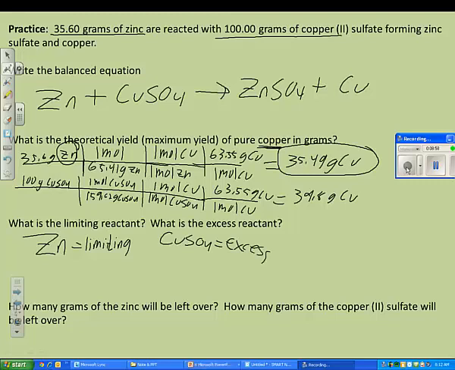So how many grams of the zinc will be left over? Well, zinc is limiting, so that one is always none. And the excess reactant we left over, remember you start with your theoretical yield, which is going to be 35.49. Convert that to moles, and molar mass.